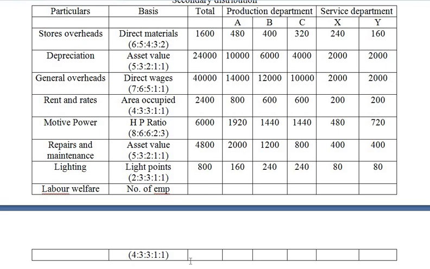Now total amount is 12,000. Distribute this, so that will be 4,000, 3,000, again 3,000, 1,000, and 1,000. Okay.